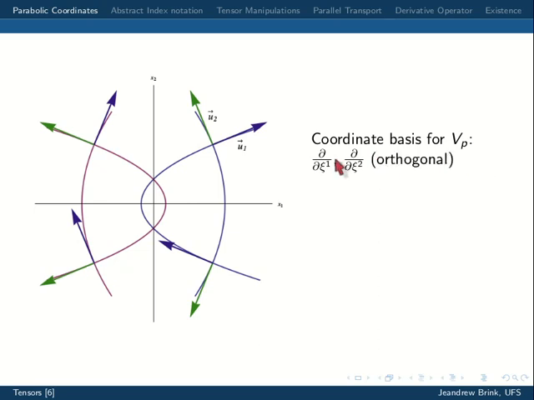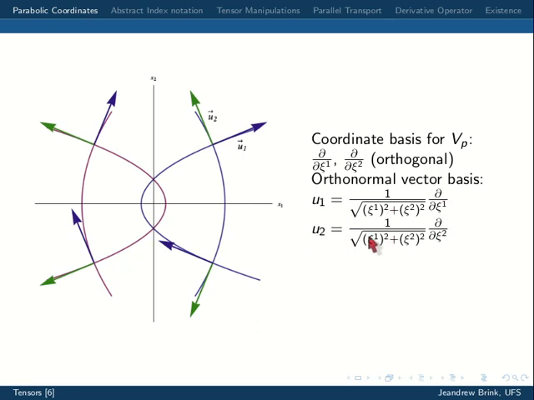They are orthogonal, but they're not orthonormal. The orthonormal vector basis is U1, which is simply d/dxc1 rescaled, so that when you apply the metric to U1 and another U1, you're going to get 1. And U2 is d/dxc2 rescaled similarly.